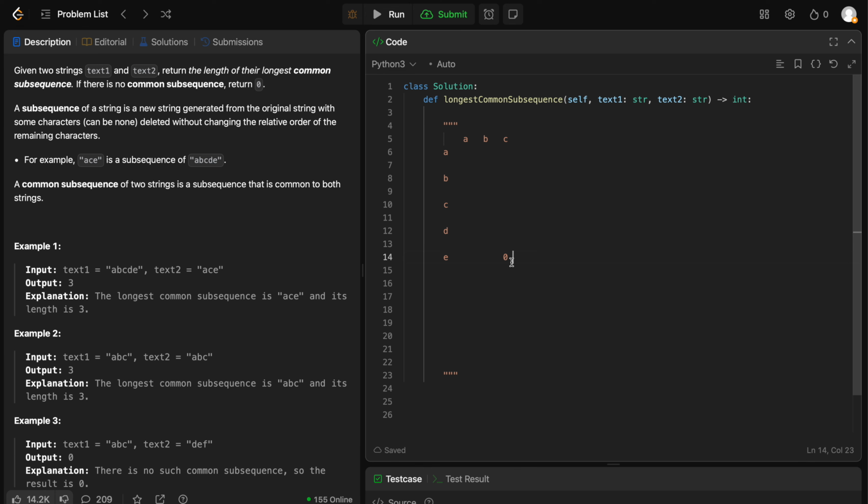Okay, since we cannot match anything, there are 2 things we can do now. We either go up, or we go to the left. And what does going to the left and going up mean?